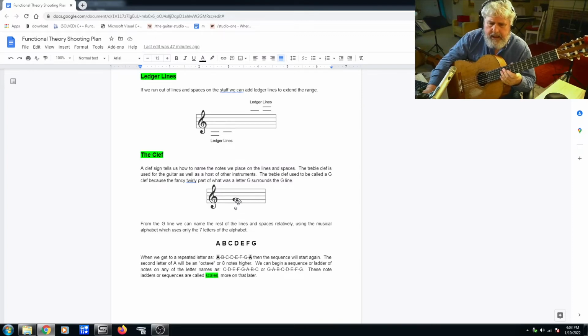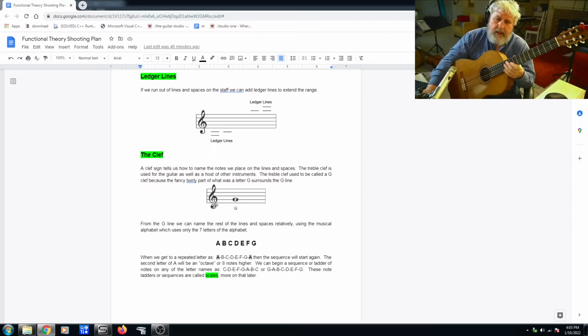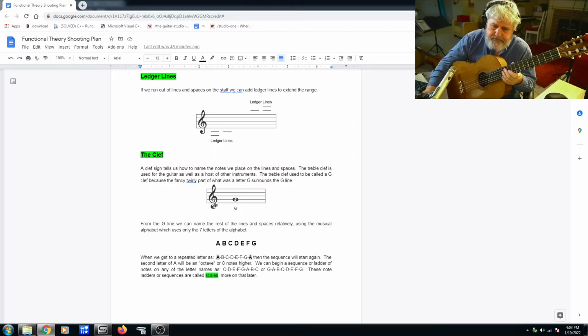Now we know that a G is written on the second line of the staff, provided we have a treble clef.